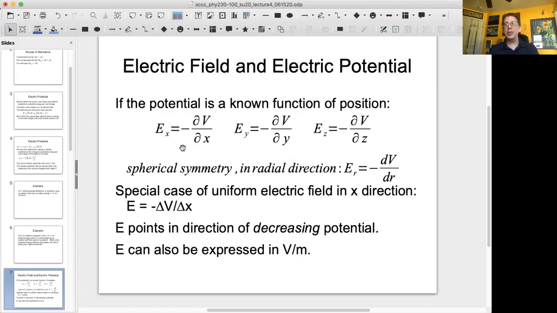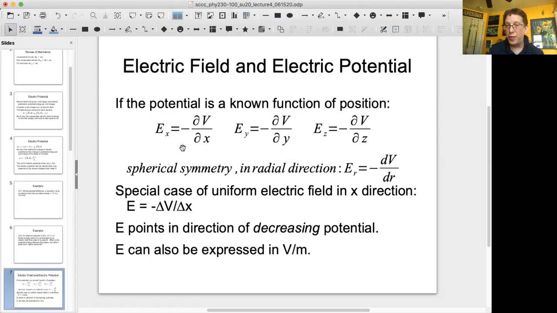So if you just know the potential as a function of r, figuring out the radial component of the electric field, you just take the derivative of the potential with respect to r and take the negative of that derivative. And that gives you the component of the electric field.